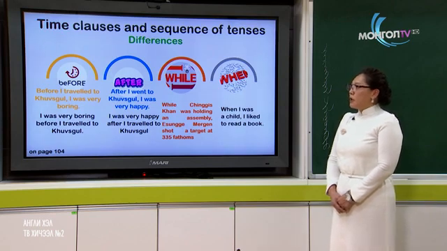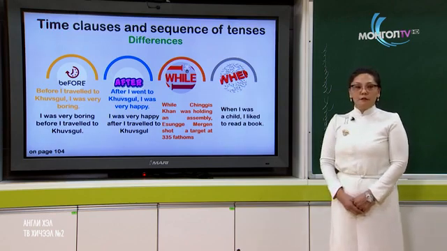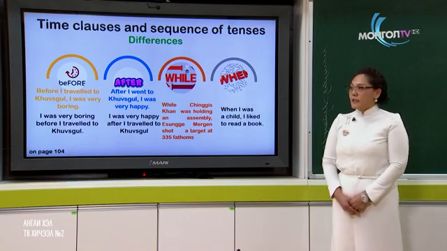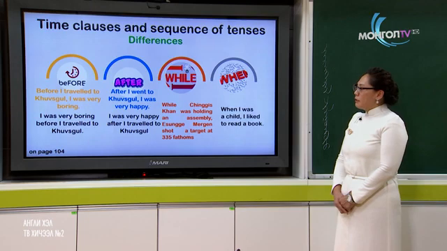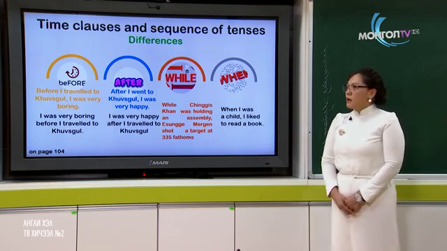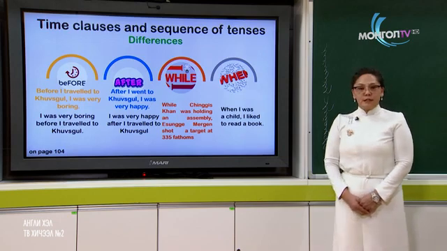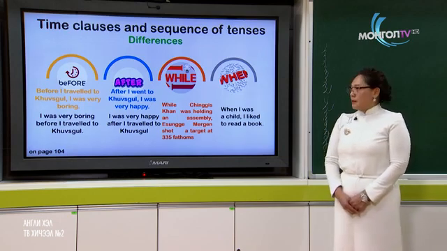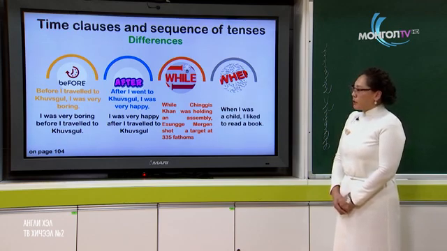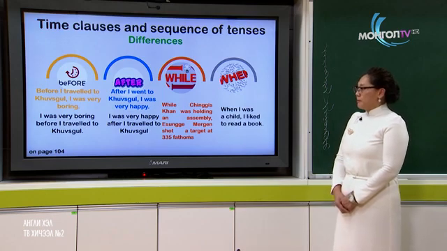When you use before at the beginning of the sentence, you have to use a comma. Before I traveled to Hovsgol, comma, I was very bored. We can switch the sentences, and the meaning is the same. I was very bored before I traveled to Hovsgol.